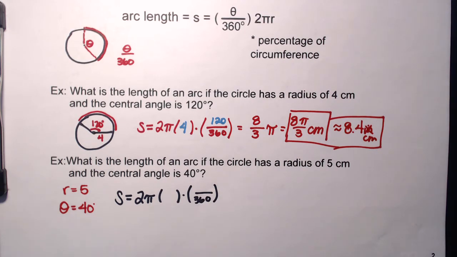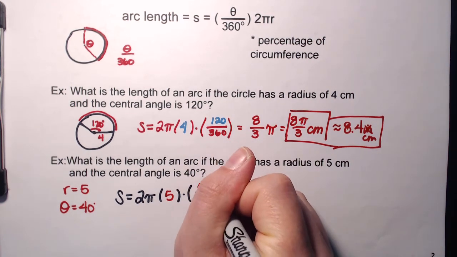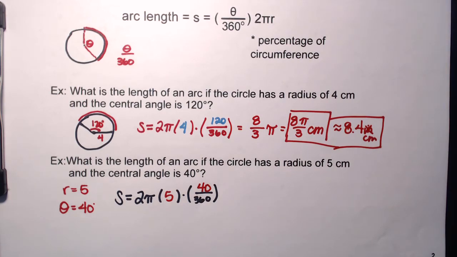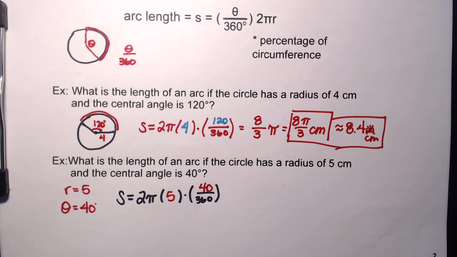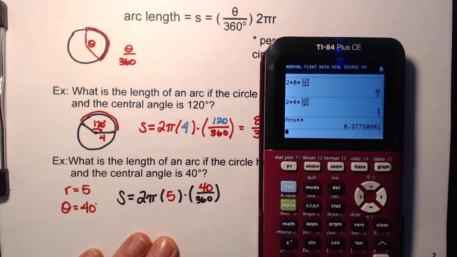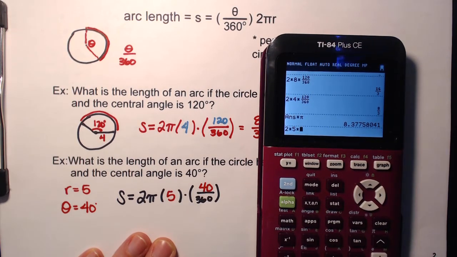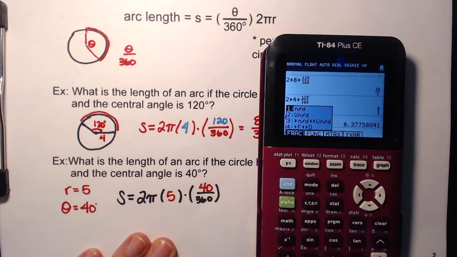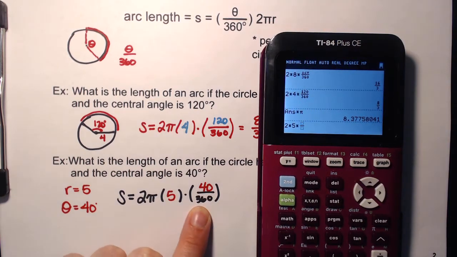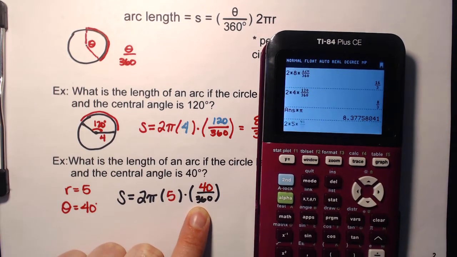So if the radius is 5 and my angle is 40, and then type it into the calculator. So 2 times 5 times alpha y equals 40 divided by 360.